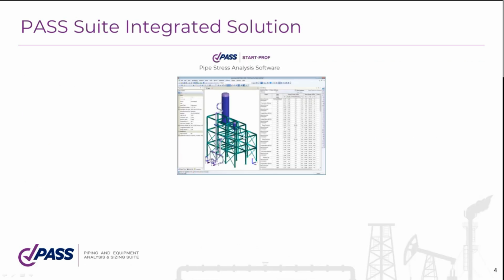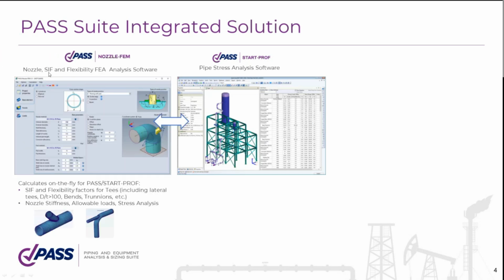Actually, we have several software products. PAS is the developer of different software. The first one is the pipe stress software. The second is the nozzle stress intensification and flexibility factor calculation software. It is PAS Nozzle FEM.